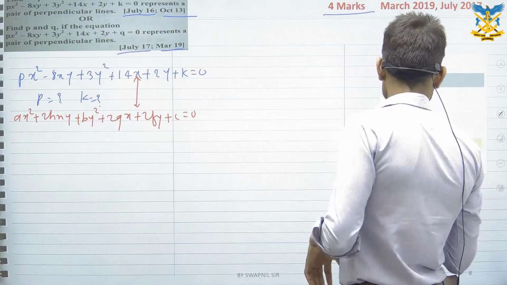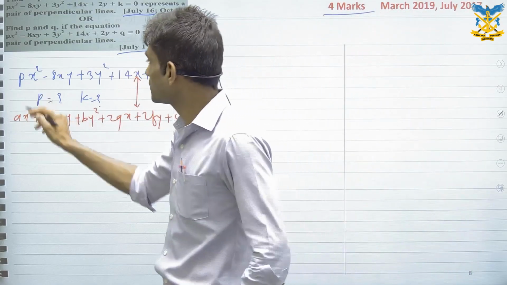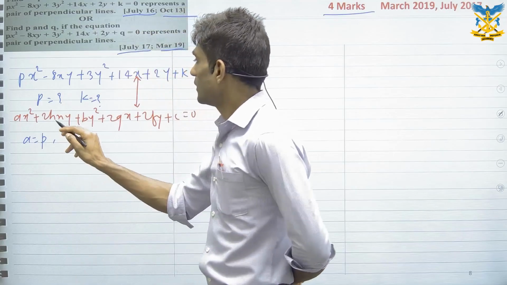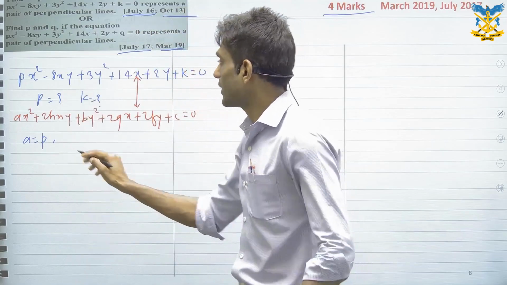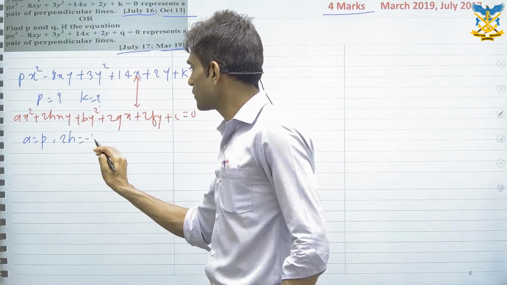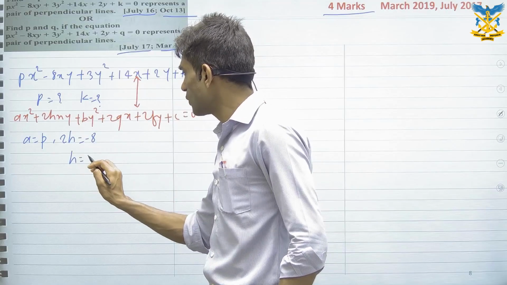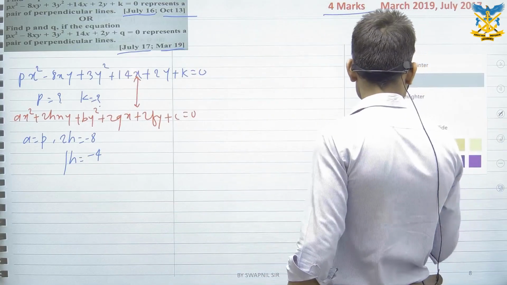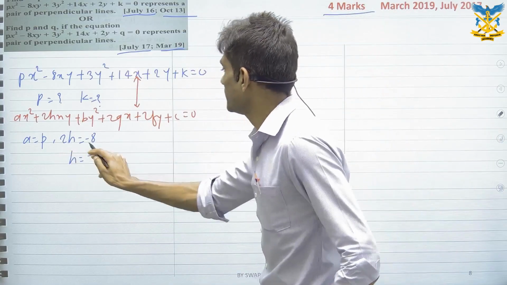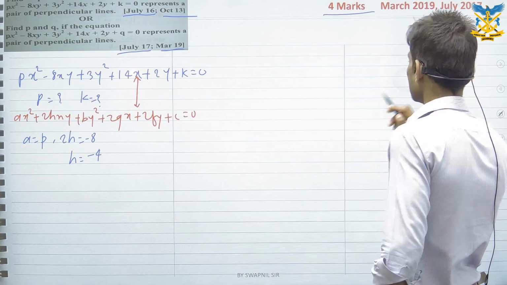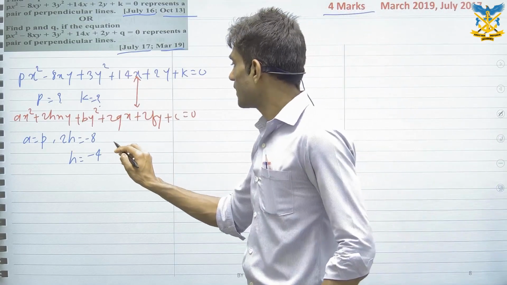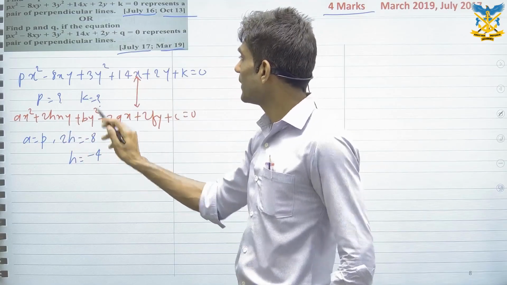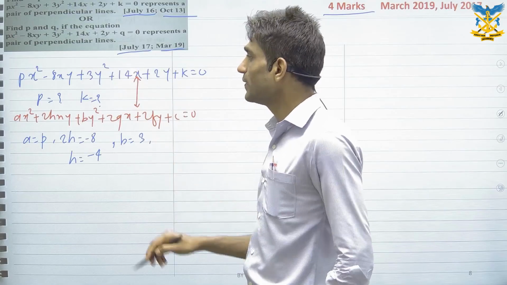Let's go for finding the values. The coefficient of ax square is equal to px square, that means a is equal to p. Twice of hxy is equal to minus 8xy, so 2h is equal to minus 8 and h is equal to minus 4. Why minus 4? Because the 2 goes to the denominator, so it gives us minus 4. Then by square is equal to 3y square, so b is 3.